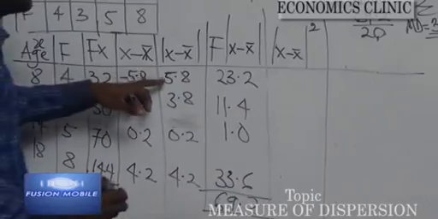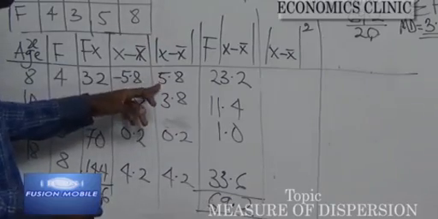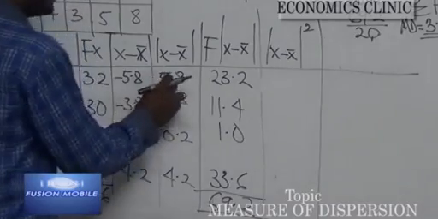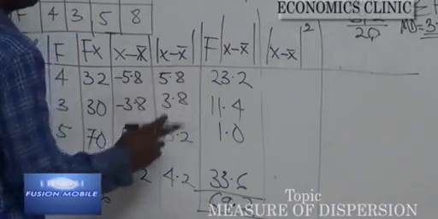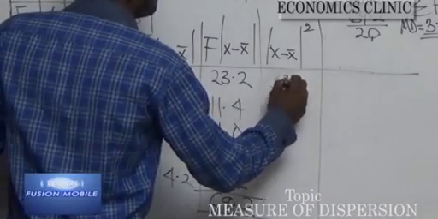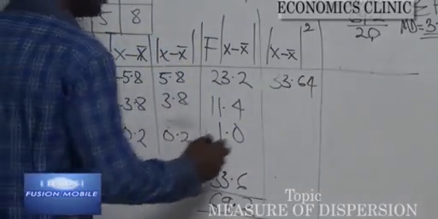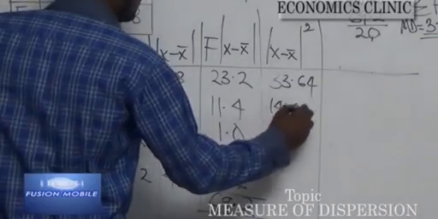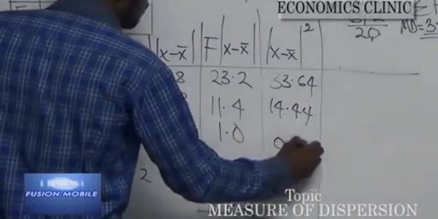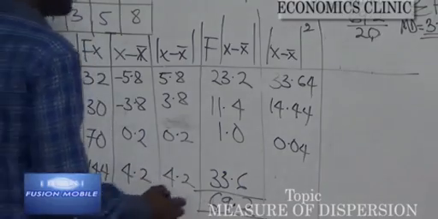So we begin to raise these values to power 2. So we have 5.8 raised to power 2, we have 33.64. 3.8 raised to power 2 gives us 14.44. 0.2 gives us 0.04. While 4.2 raised to power 2 gives us 17.64.